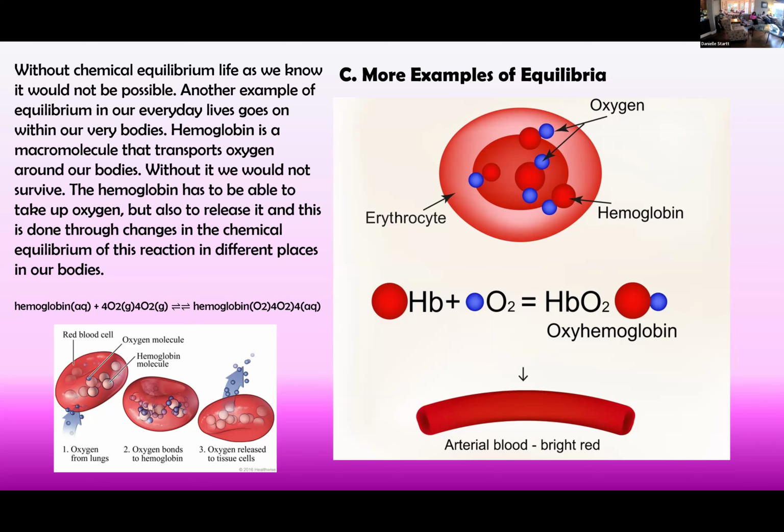It's in your red blood cells, right? Without it, we wouldn't survive. Hemoglobin has to be able to take up oxygen, but it also has to be able to release it. And it does that through changes in chemical equilibrium. It takes place in different places in your body. So right here, you've got your red blood cell, and it takes up oxygen from your lungs. In this case, the oxygen are the little blue dots.